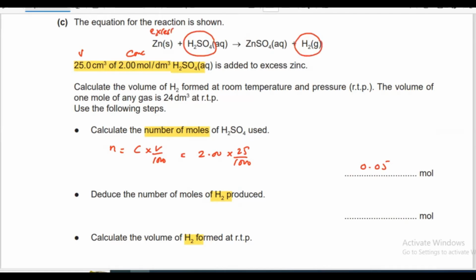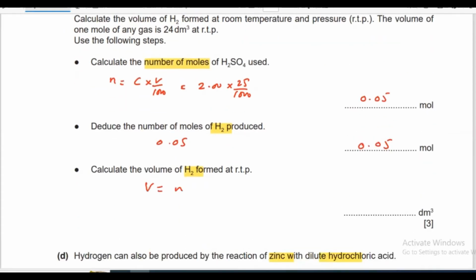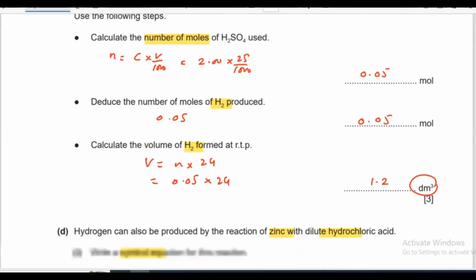Zinc is in excess. Sulfuric acid is the limiting reagent. As the molar ratio of these two reagents is the same, 1 mole can produce 1 mole. So the number of moles of hydrogen is the same as sulfuric acid. Calculate the volume of hydrogen gas. Volume is moles times, look at the unit, 24. So moles are 0.05 times 24, which is 1.2. So 1.2 dm cubed of hydrogen gas will be produced.